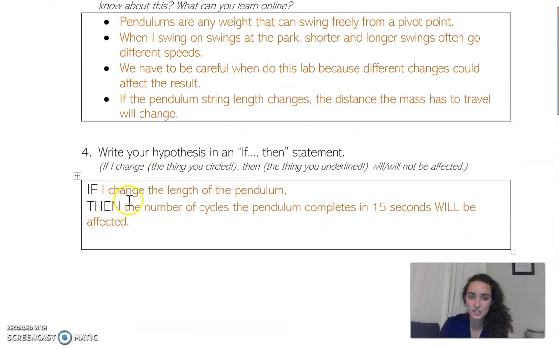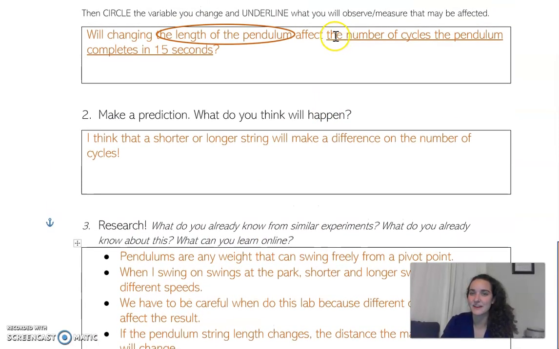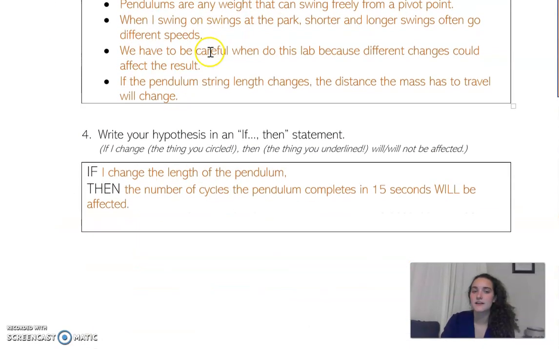So I'm going to say if I change the length of the pendulum, then the thing that I underlined will or will not be affected. The thing that I underlined is the thing that I'm going to measure, the number of cycles the pendulum completes in 15 seconds. So if I change the length of the pendulum, then the number of cycles the pendulum completes in 15 seconds will be affected.